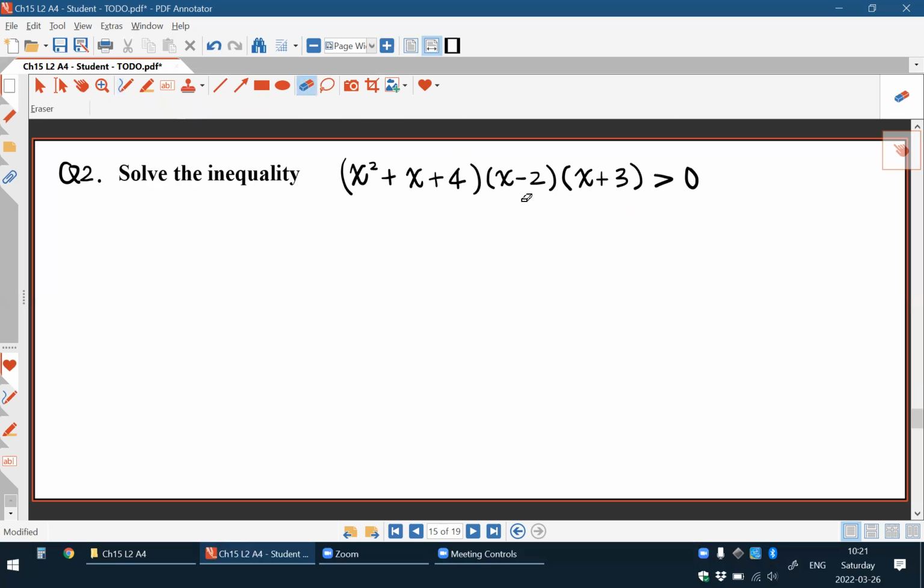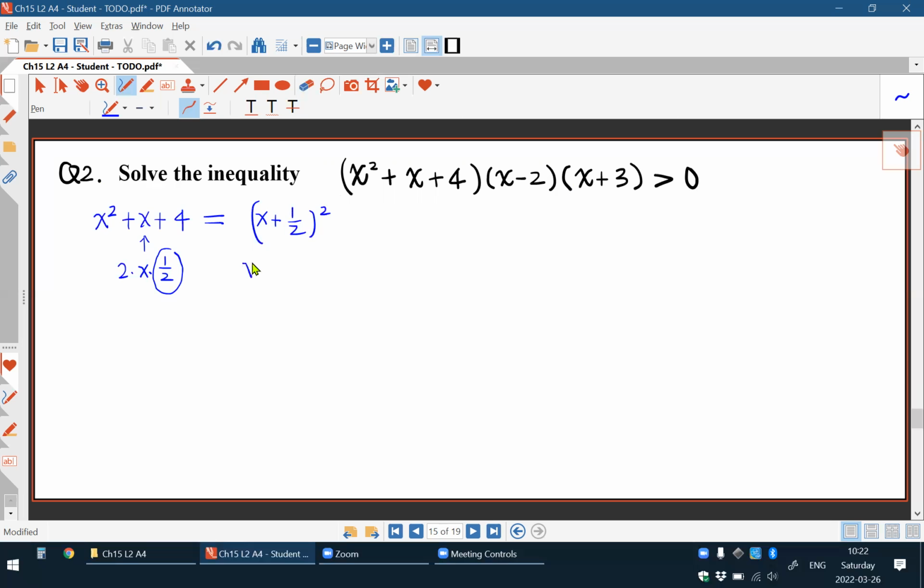So first of all, we can convert it to a squared binomial. So let's try to do that. Okay. So note here, x squared plus x plus 4. This is actually 2 times x times 1/2, right? So if you want to convert it to a squared binomial, probably we can try using (x + 1/2) squared, right?